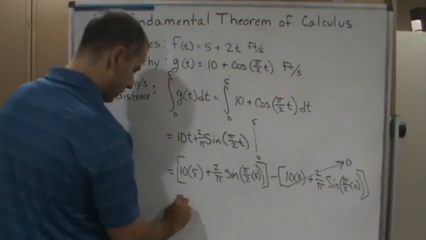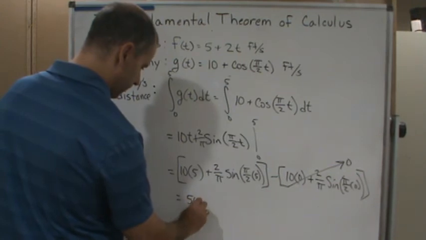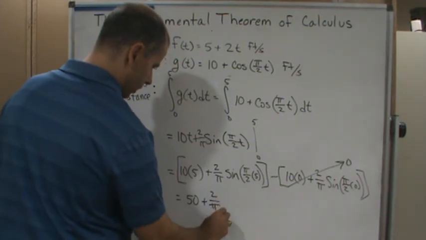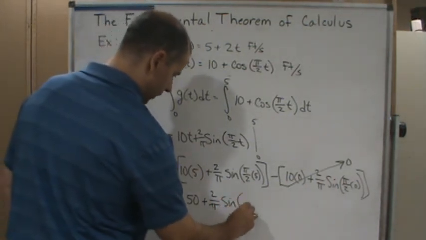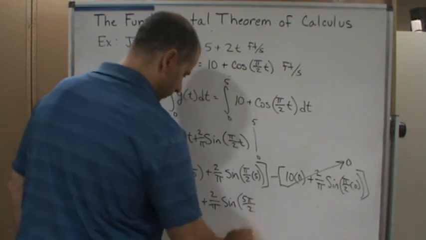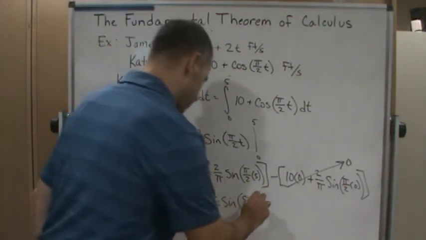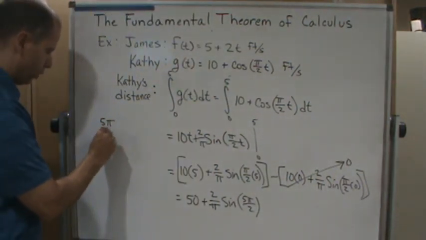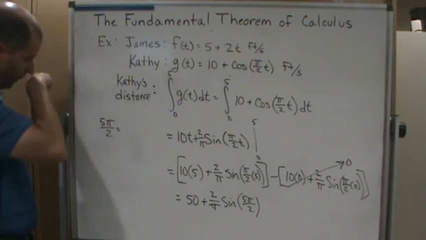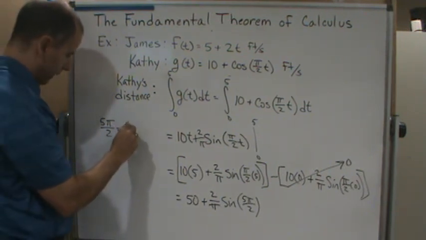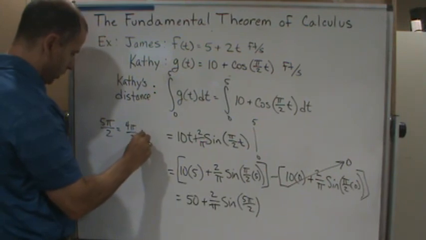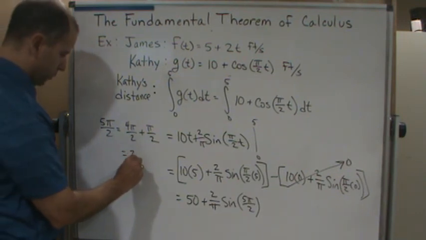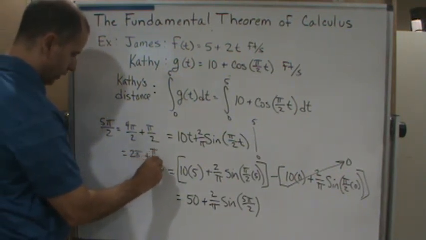So now we just have to simplify the left side. So this is going to be 50 plus 2 over pi times the sine of 5 pi over 2. Okay, so 5 pi over 2 is equal to 4 pi over 2 plus pi over 2, which equals 2 pi plus pi over 2.